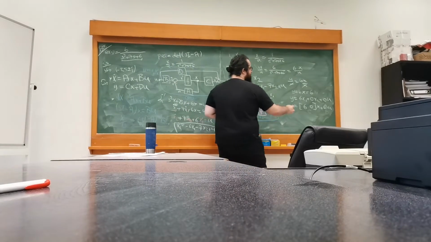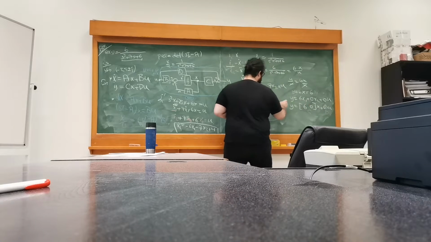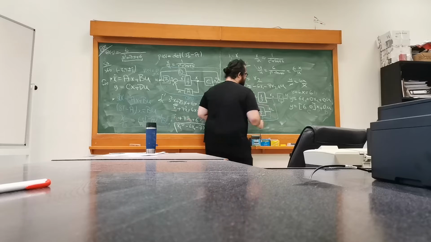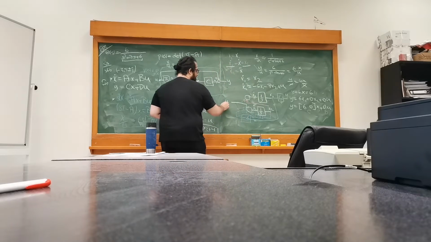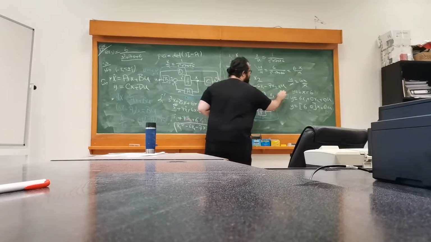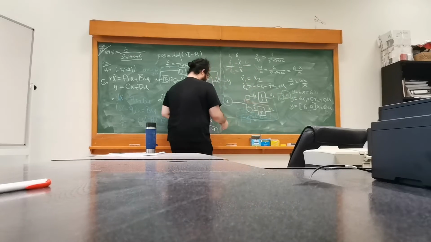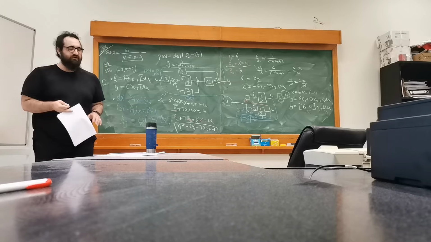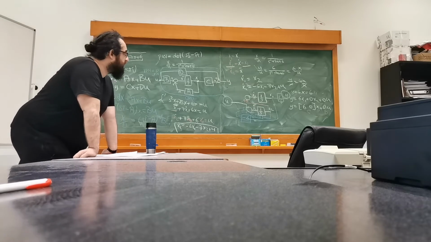I know that 6 times x1, so this times 6, gives me basically the output. This is the input, this is the output, and I have x1 and x2 as internal signals, and I've modeled my transfer function using x1 and x2.